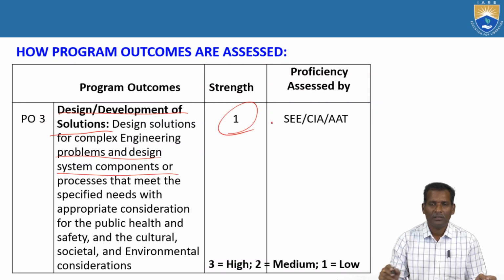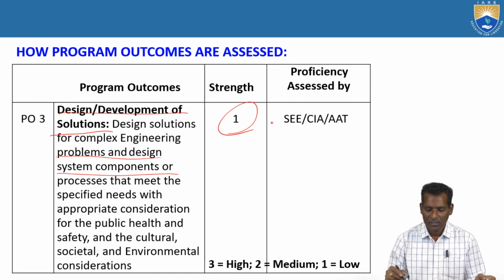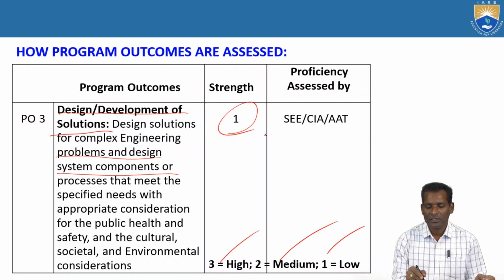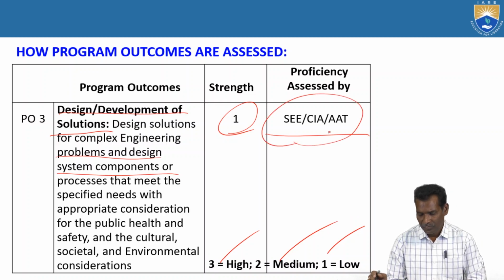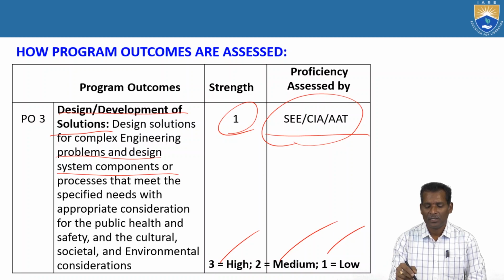The strength selected here is 1, where 1 is low, 3 is very high and 2 is medium. We will assess this PO by using direct assessment tools.